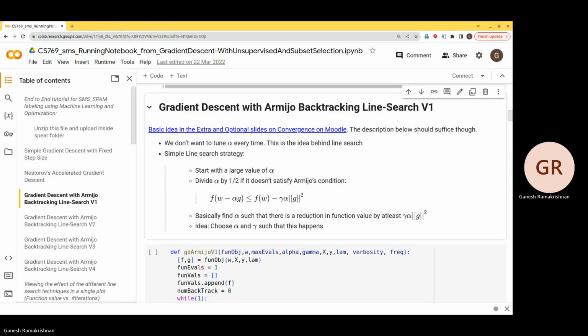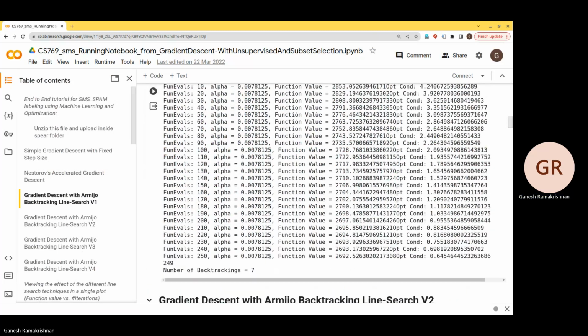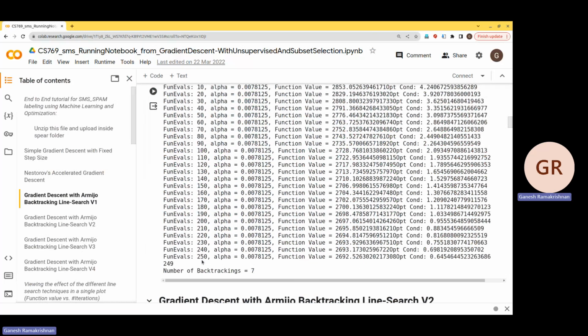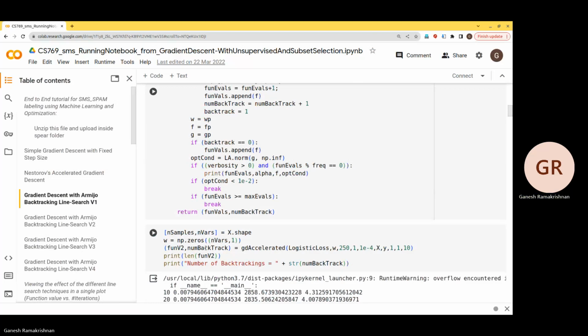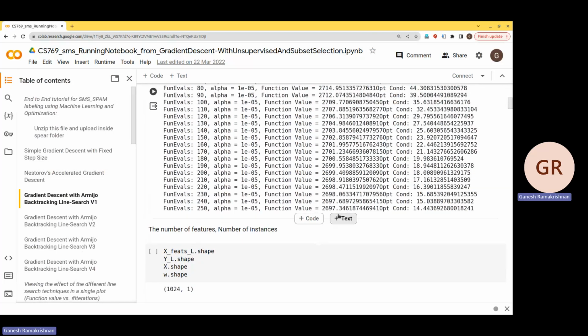So each epoch is not just going to be based on some random value of alpha, but an alpha which for a given gradient helps you shrink best. So using that, oh sorry, this is the function. Oh yeah, so you see that the number of function evaluations was 250 to get to some value, right?